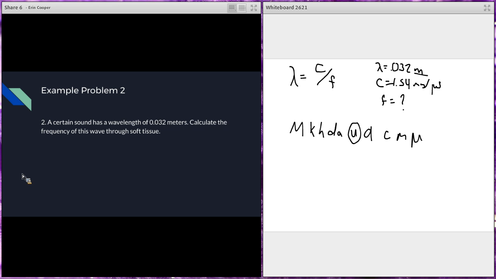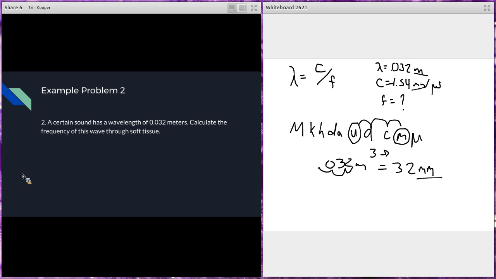It's the one indicated by a U. And we want to convert it into millimeters so that it can be the same as our prop speed. So I go 1, 2, 3 spaces to the right with my decimal place. So I have 0.032 meters. If I move it 3 places to the right, 1, 2, 3, I have 32 millimeters.